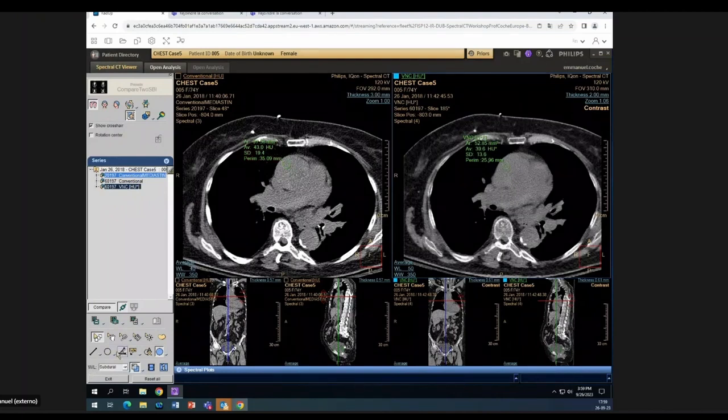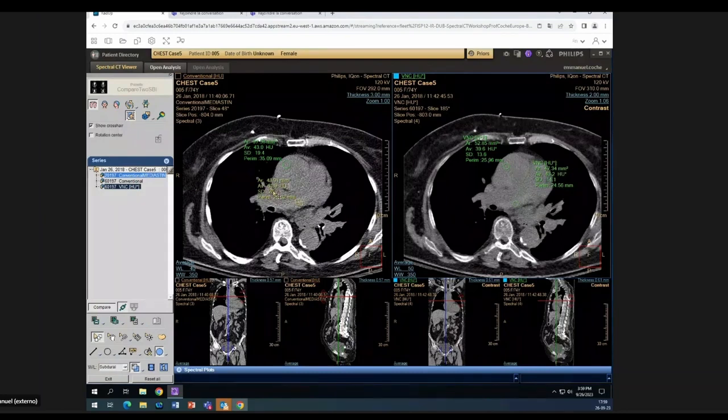And here, if you put a region of interest by clicking on the circle button and the left-hand side button, you draw a circle just along the pulmonary artery, and you see if you click the button of the region of interest, you see that the value of virtual non-contrast is 43, and here it's 61.